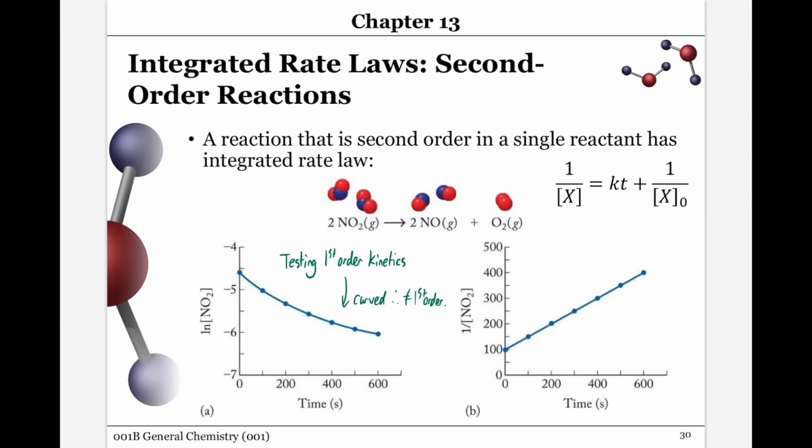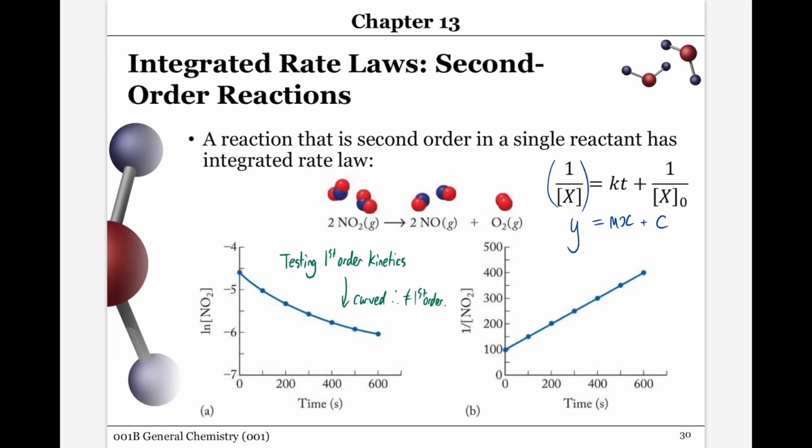When we compare it to a straight line, y equals mx plus c, we can identify that if we plot 1 over [A] versus t, we have a gradient equal to k and an intercept equal to 1 over [A]0. And that's exactly what we're looking at in this plot here. We have this nice straight line, and we can determine the reaction rate and also the initial concentration very easily.